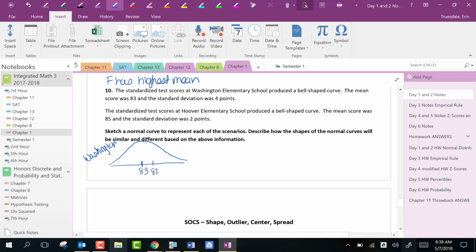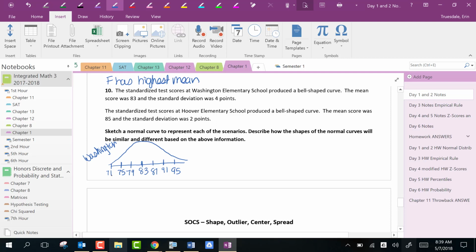Here I'm going to subtract 4 from 83 and get 79. Then you're going to keep continuing that pattern. If I add 4 to 87, I'm going to get 91. If I subtract 4 from 79, I would get 75. And then we usually go 3 standard deviations out, so I'll go one more. If I add 4 to 91, I get 95. And if I subtract 4, I get 71.